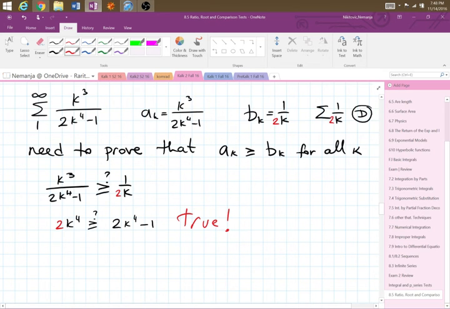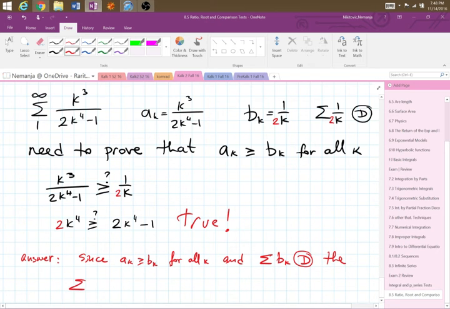So now you write the answer. The answer goes: since AK is always larger than BK for all K, and the summation of BK diverges, the sum of k cubed over 2k to the 4th minus 1 diverges by direct comparison.